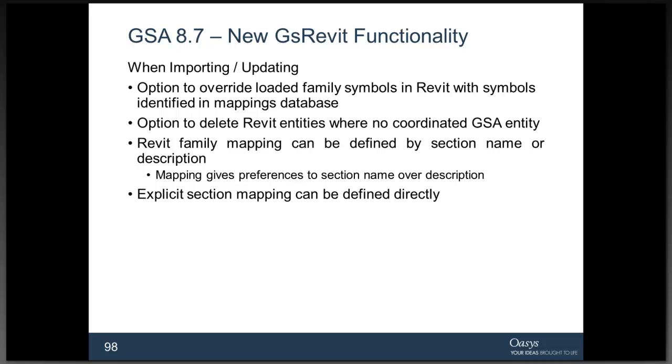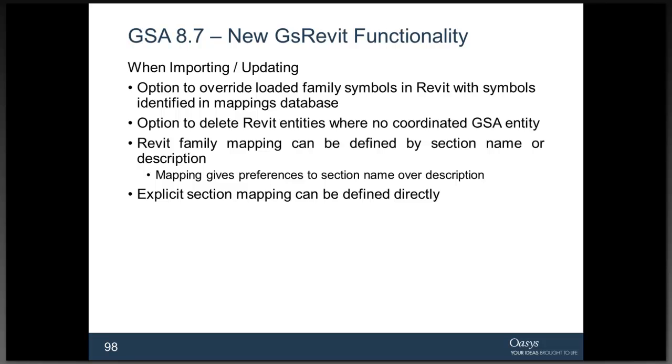We can delete Revit entities where they're not present in the GSA model. We can define the family mapping by either the name or the description. The name will override the description.